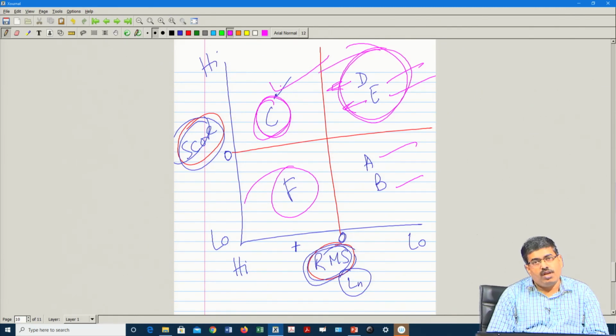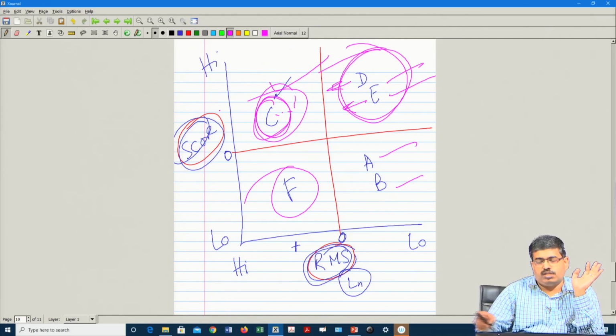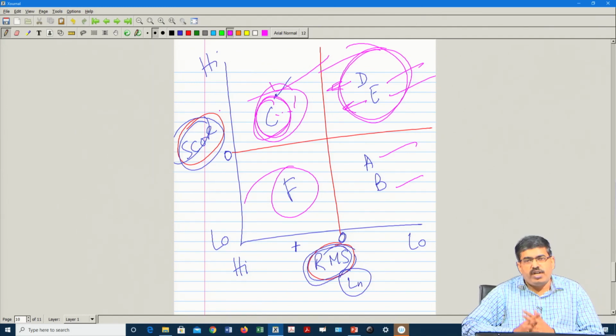Employee deployment, who should go abroad. This BCG matrix is a very beautiful way to find out answers to all these questions.